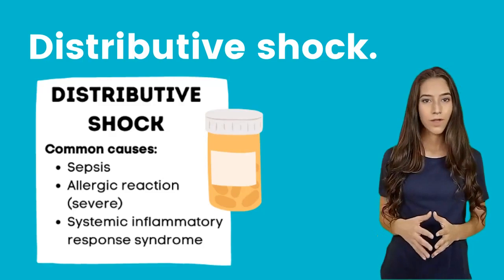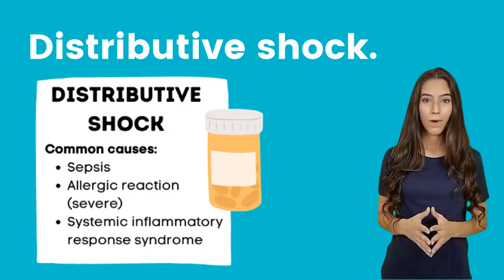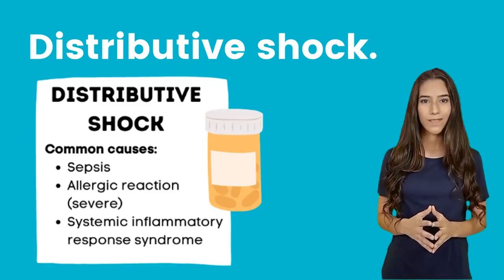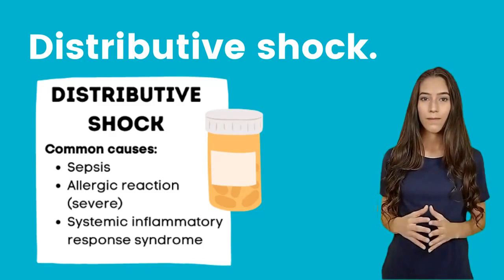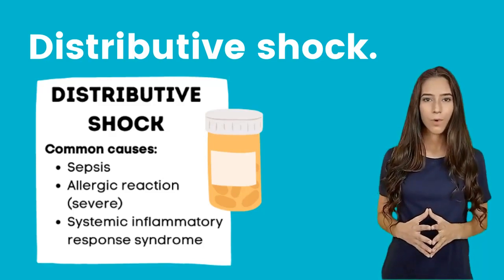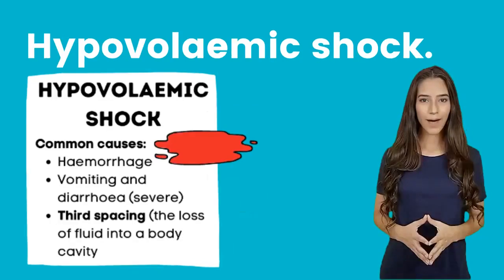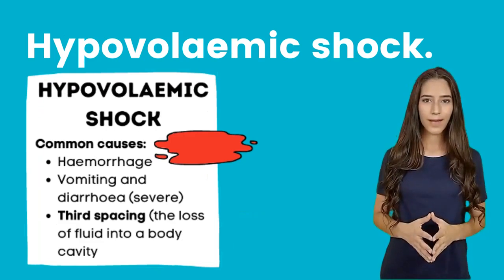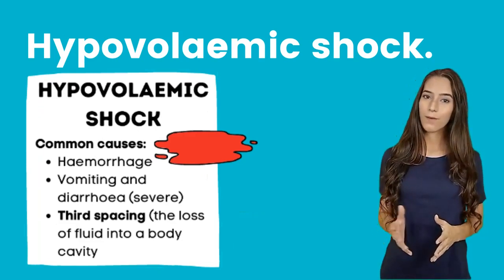Clinical signs of distributive shock include red mucous membranes, rapid capillary refill time, CRT, initially and then becoming increasingly prolonged, tachycardia, poor pulse quality.